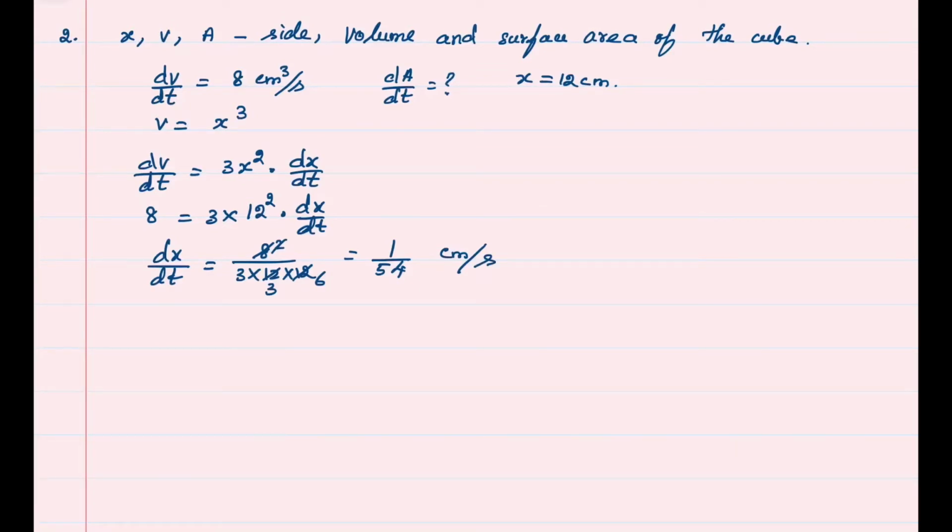We have to find dA by dt. Surface area of the cube, we will take the total surface area 6x square. Now let us differentiate both sides with respect to t. dA by dt is 6 times 2x into dx by dt. Now we will substitute the given values. x is given as 12 and dx by dt is 1 by 54.